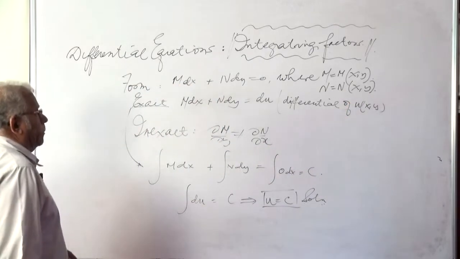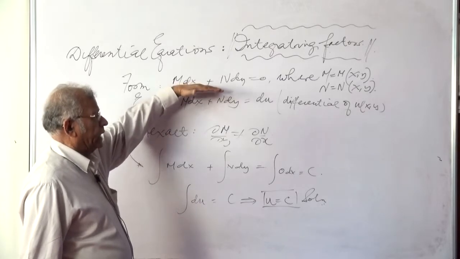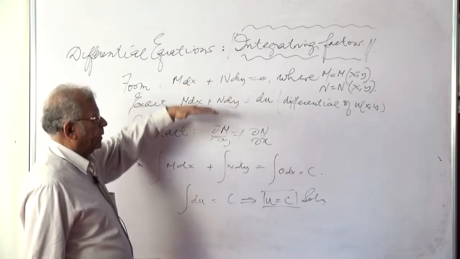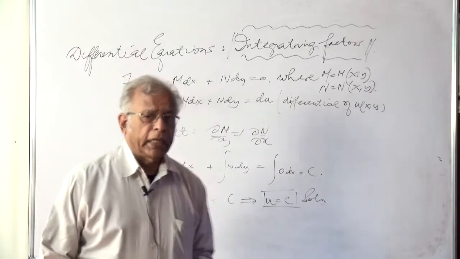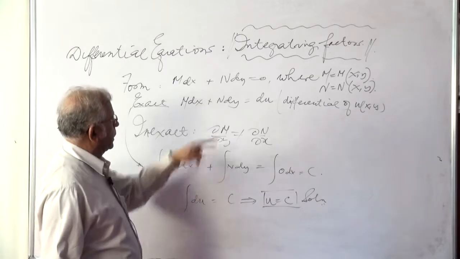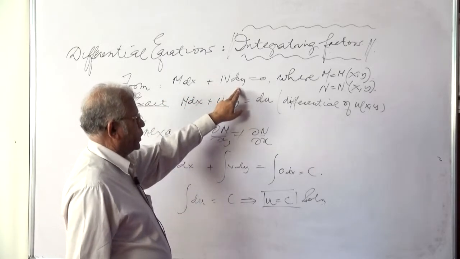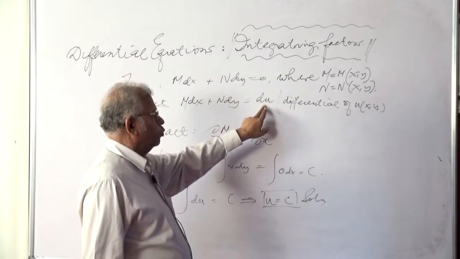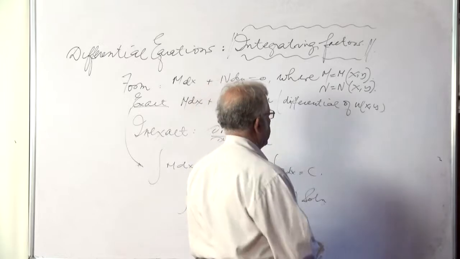Now, it may be in this form either an exact equation or it may be an inexact equation. We say that M dx plus N dy is equal to 0 is exact when this left hand side is a perfect differential, which is equal to du, where u itself is a function of x and y.